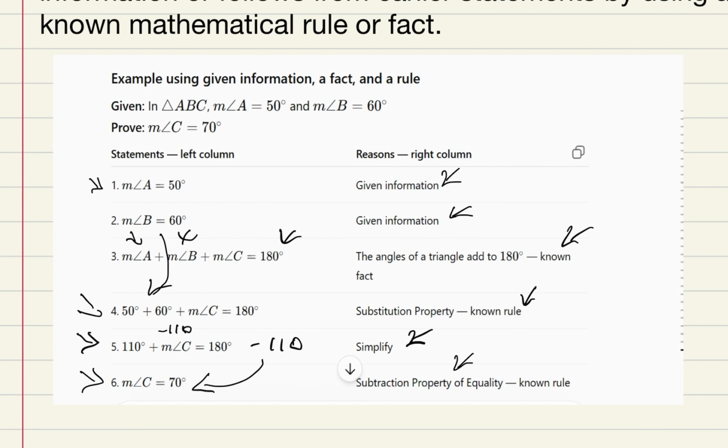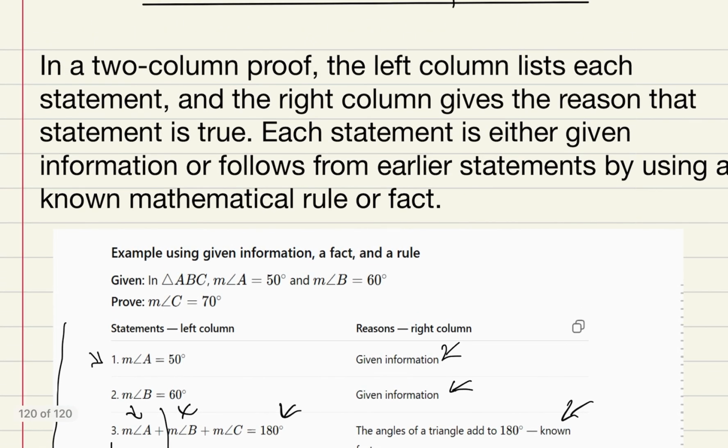Again, I have these videos in my geometry playlist, so you can check them out there. So you can see that we went through all these logical steps, numbering them, and we reached our conclusion. So that's what the two-column proof is.